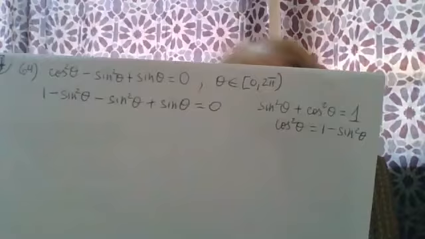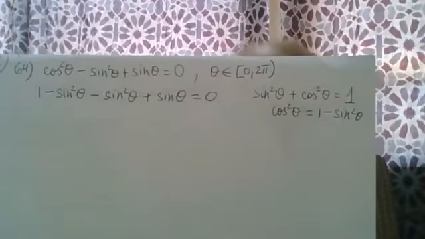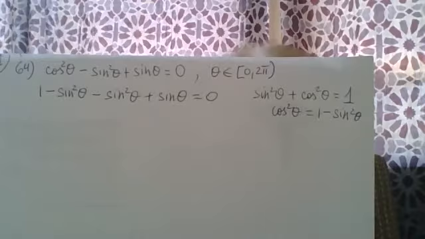And after that, I will copy what I had here: minus sine squared theta plus sine theta equals 0. And look what happened here. I don't have other functions, just sine theta or sine squared theta, the same function, only in the second power.